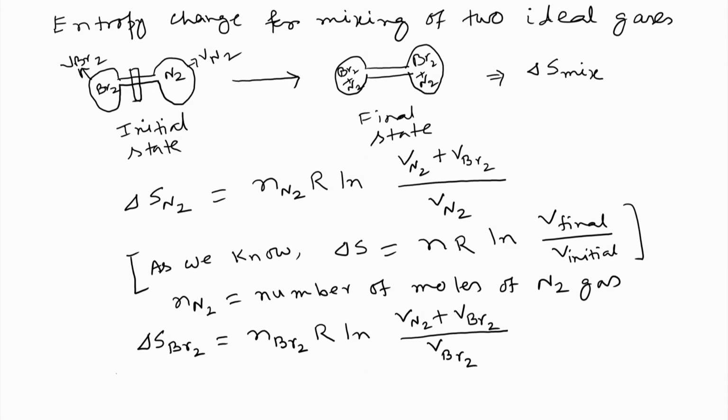So, what is the total entropy change? That is nothing but the entropy change for mixing. So, delta S mix is nothing but delta S N2 plus delta S Br2, right.